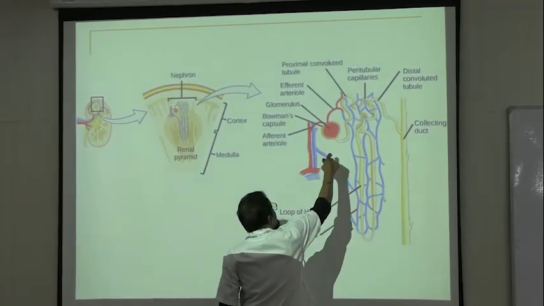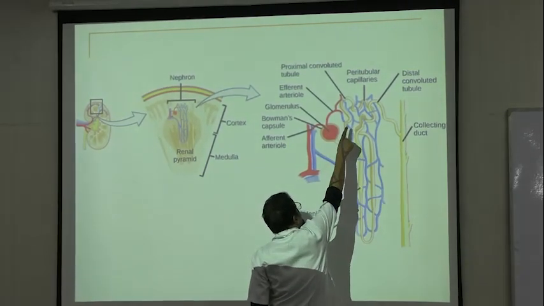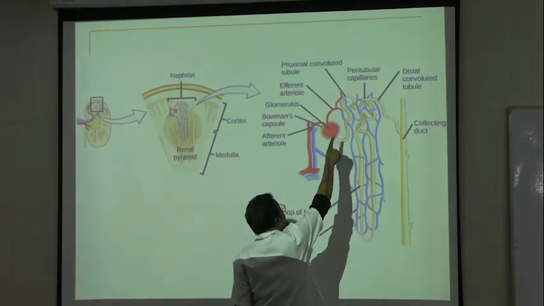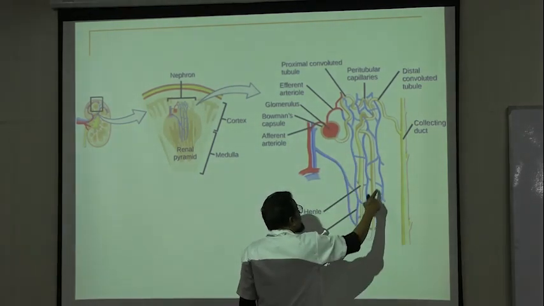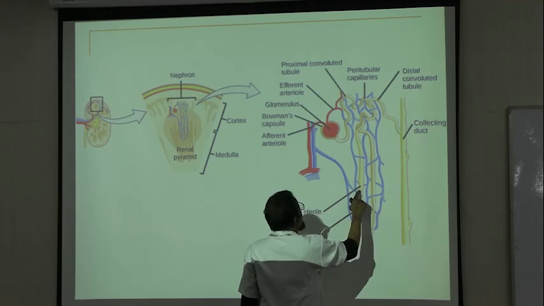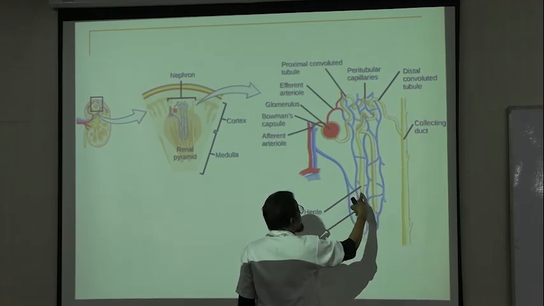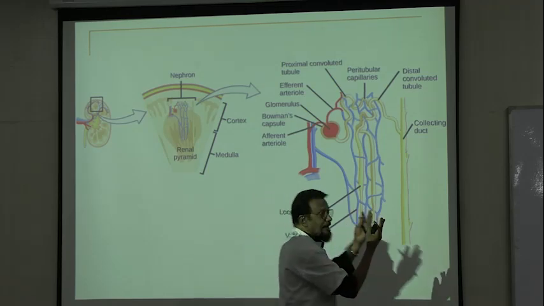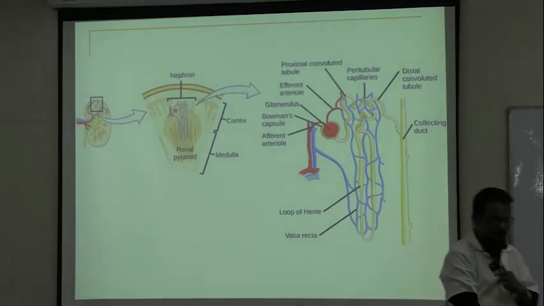Glomerulus, proximal convoluted tubule, loop of Henle, distal convoluted tubule. Now see, a lot of capillaries are around the tubules.